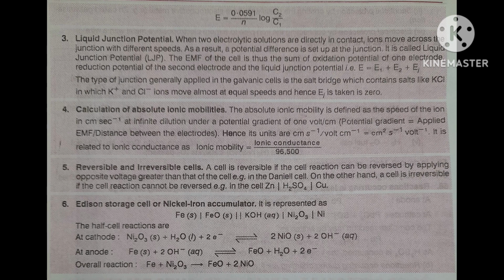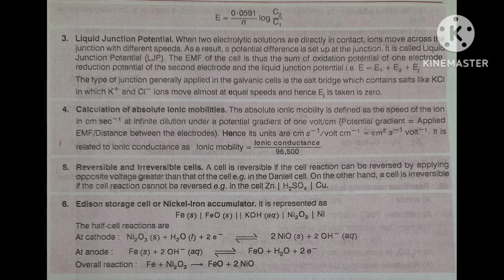You should know how you will represent this cell. Representation is very, very important. Here what you have to do is take the iron rod, iron is solid, I am talking about the rod, Fe solid, and both you have to take.